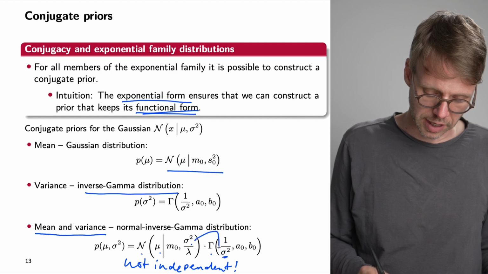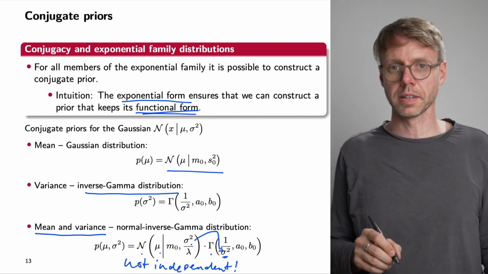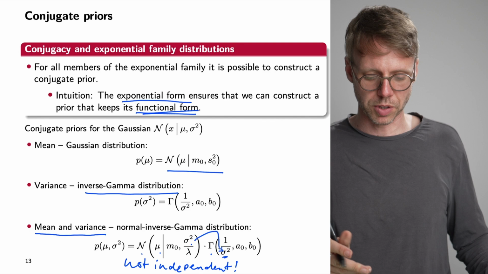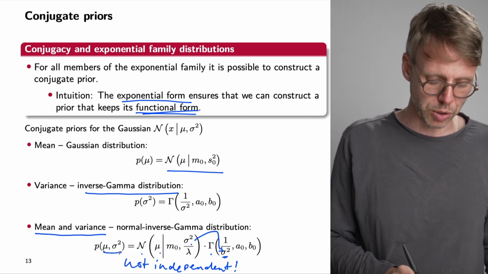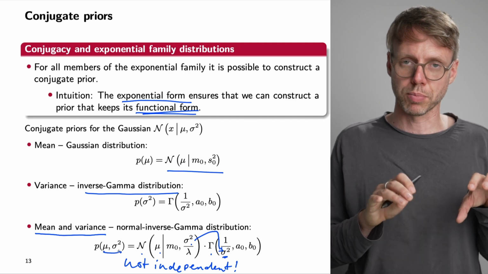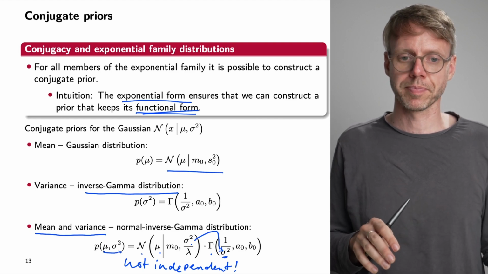So they are linked by having sigma squared in both of these terms. So it's really one joint distribution over mu and sigma squared, not the product of two independent distributions.